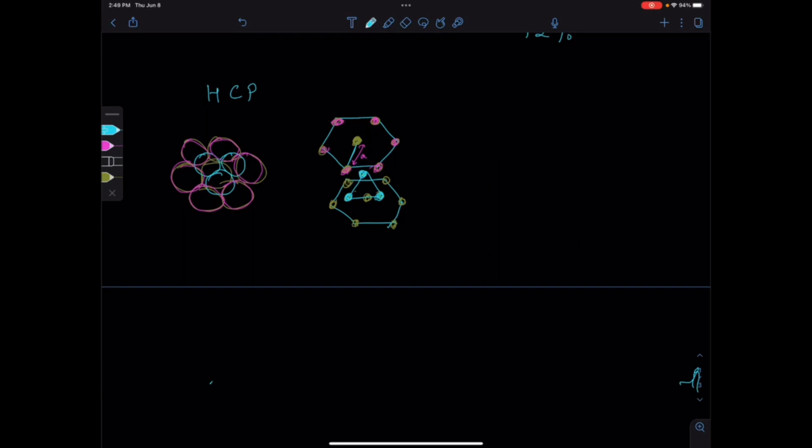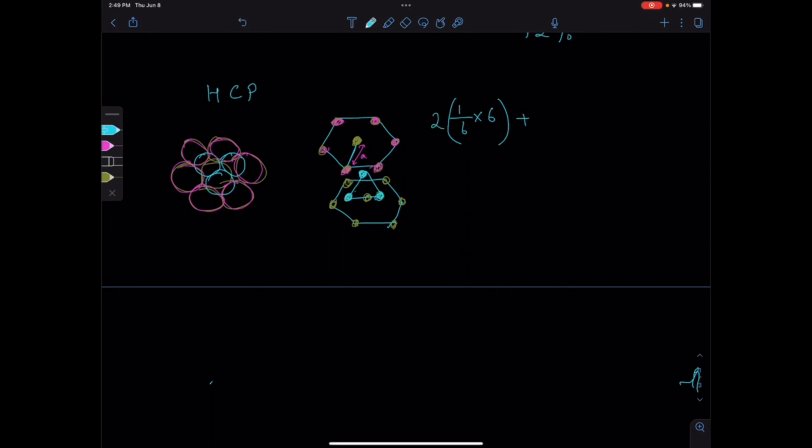Now each atom in the corner of the hexagon is shared by 6 other unit cells. So the contribution of each atom to a unit cell is 1 by 6, and there are 6 of them in one hexagon, and there are 2 hexagons, so that times 2.